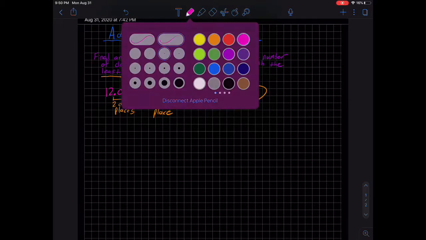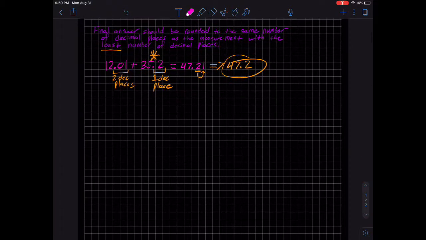Let's do another example. We're going to take 123.25 plus 46. When you plug it in the calculator, you get an answer of 169.25. Now we have to make sure we have the proper number of decimal places in the final answer. In the first number here, we have 2 decimal places.